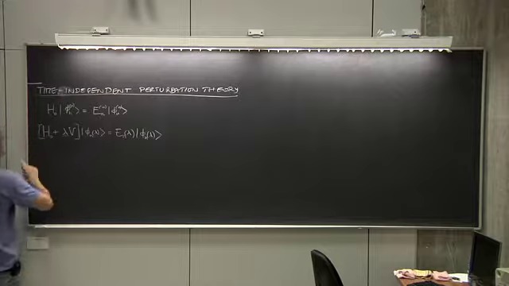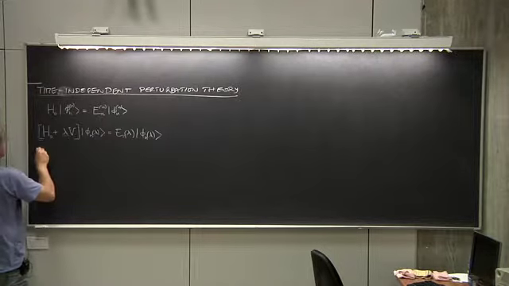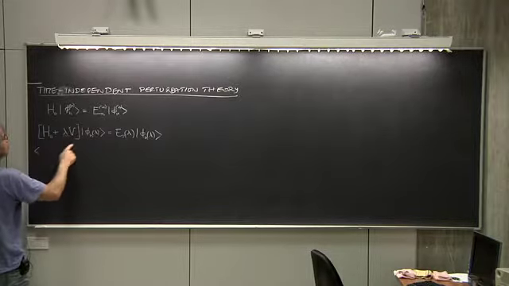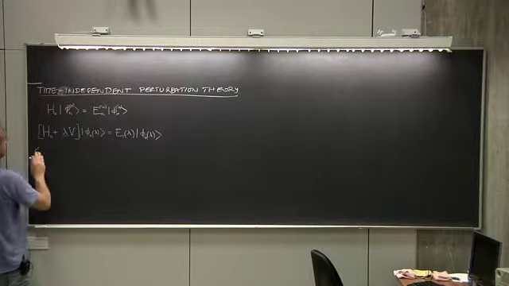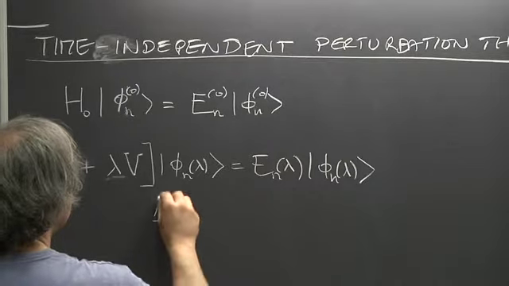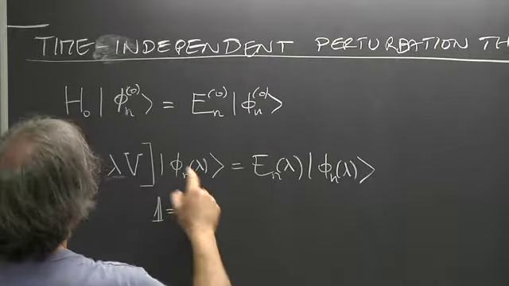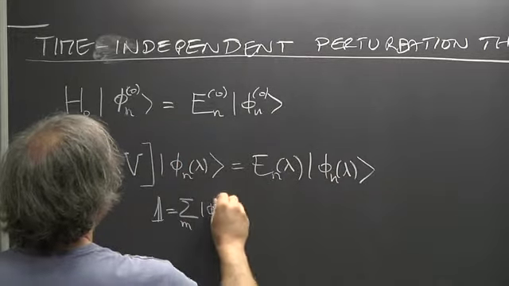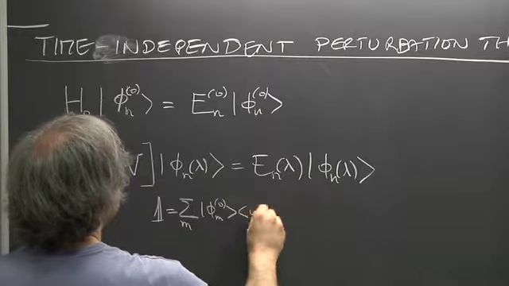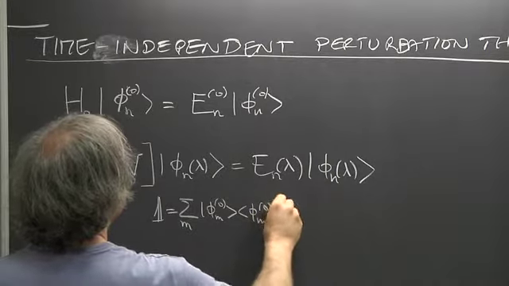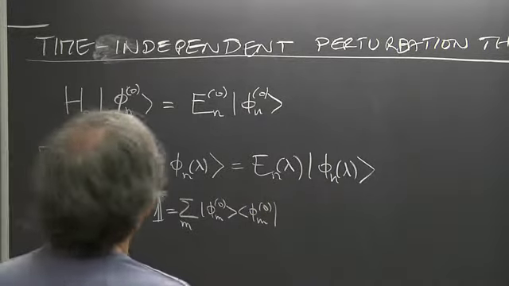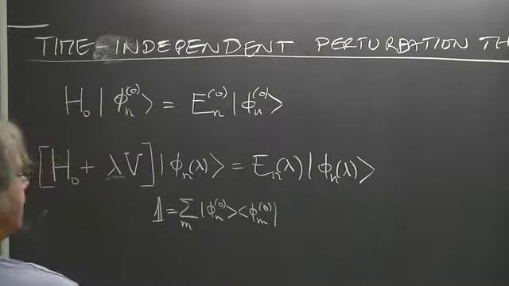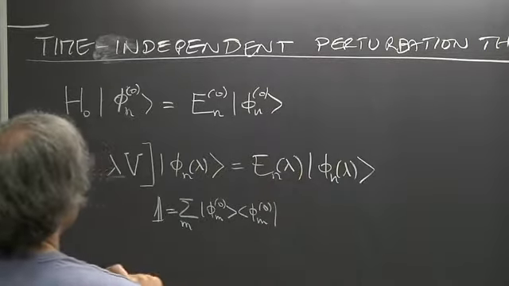So this means, for instance, that if I calculate the matrix element of this, I insert an identity here in the form of the sum over, let me call it m, of phi m0 phi m0. And I also insert an identity there.